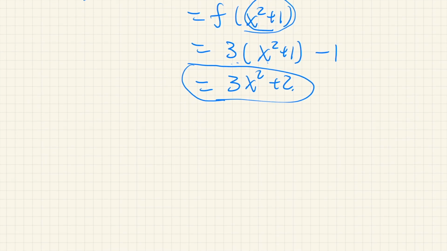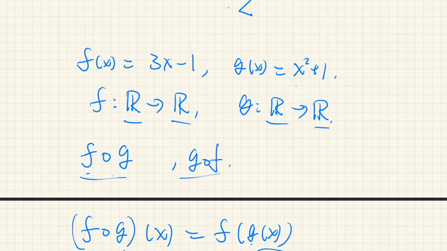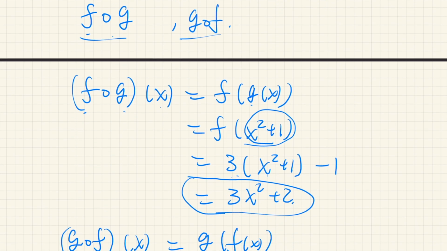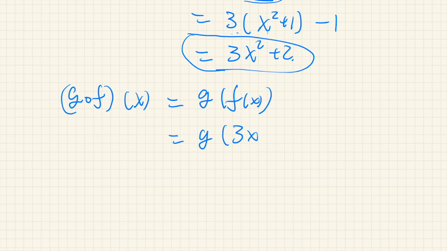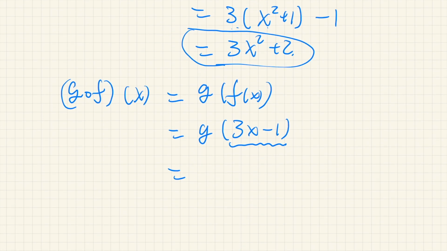Okay, next, g after f. So that is defined as g of f of x. So first we apply f of x, that is 3x minus 1. Then apply g to this whole thing, and g is x squared plus 1.